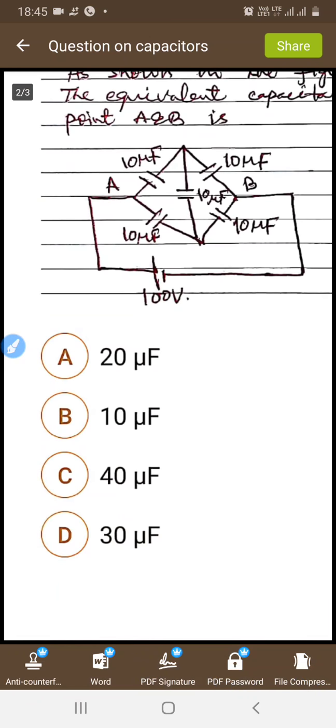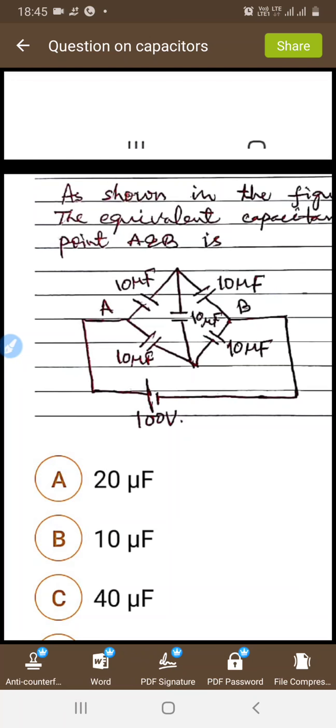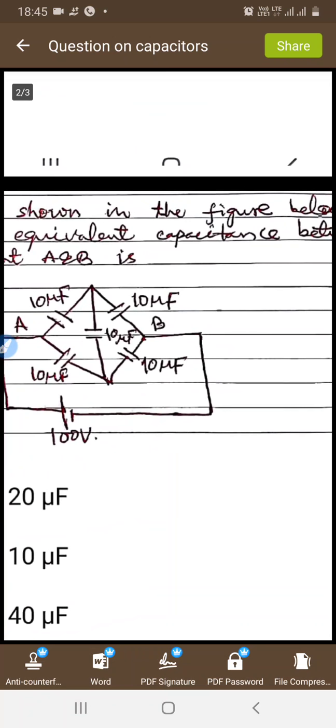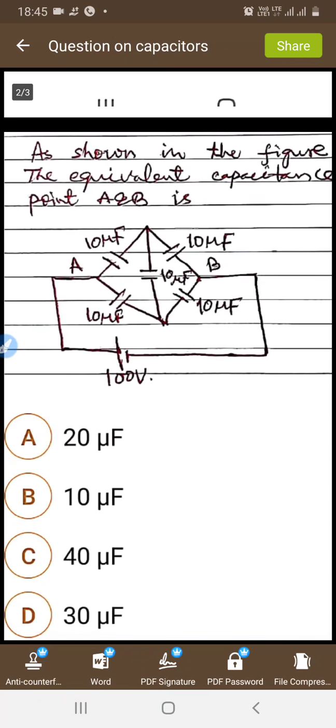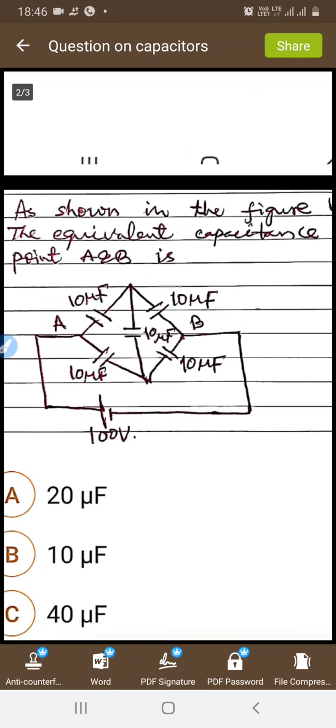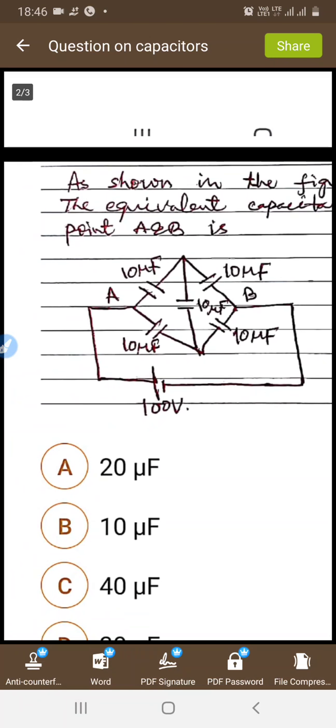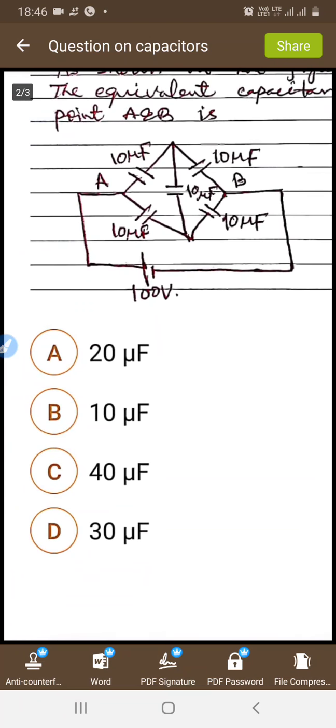Now for the second part. Second question. As shown in the figure below, the equivalent capacitance between point A and B is to be found out. Here this circuit diagram is a Wheatstone bridge circuit. Option A is 20 microfarad, option B 10 microfarad, option C 40, option D 30.